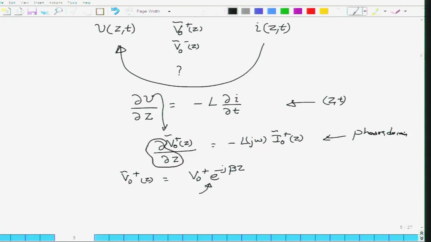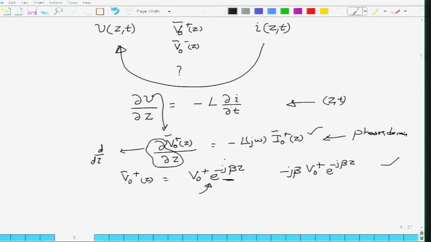These partial derivatives can become total derivatives because the dependence on t has been taken away, right. So, if I differentiate this voltage phasor with respect to z, what do I get? I get minus j into beta, and then whatever the original V0 plus e to the power minus j beta z, that would still remain. So, now equate this one with this expression for the right hand side and take out all the minus signs out there.